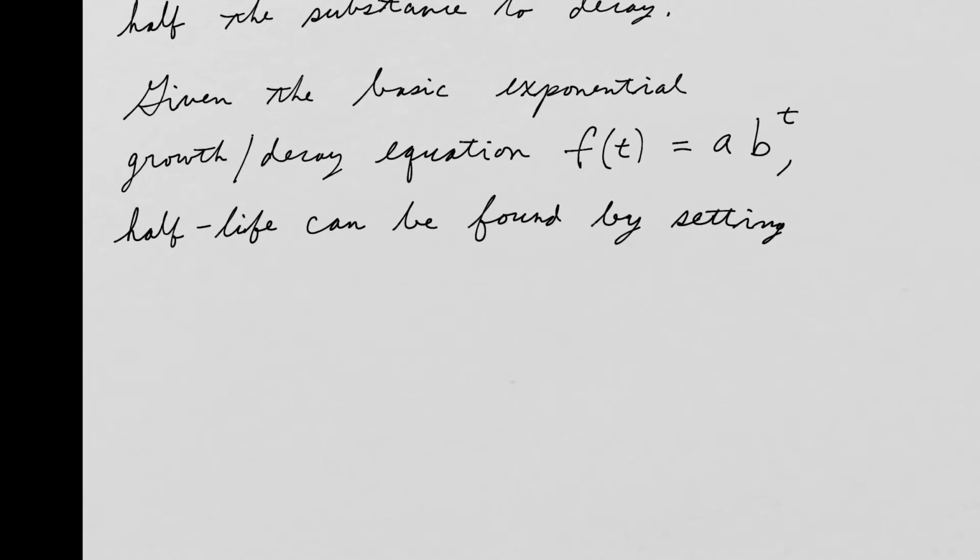When t is 0, b to the 0 is 1. So a is the initial starting amount that you have of that substance. So if we want to find the half-life, we want to find the time when the output, f of t, is equal to half of the original amount. So if we set f of t equal to half of a, that would be half the original amount, and solve for t, that should give us the half-life.